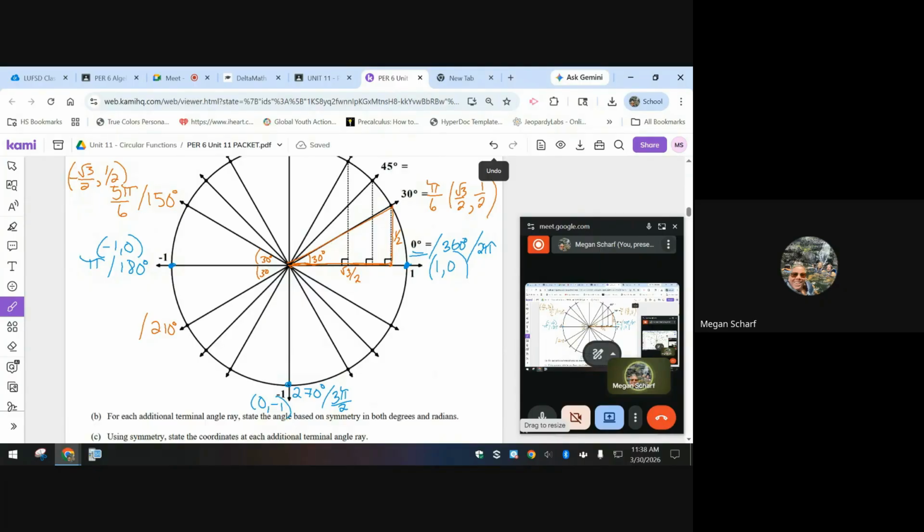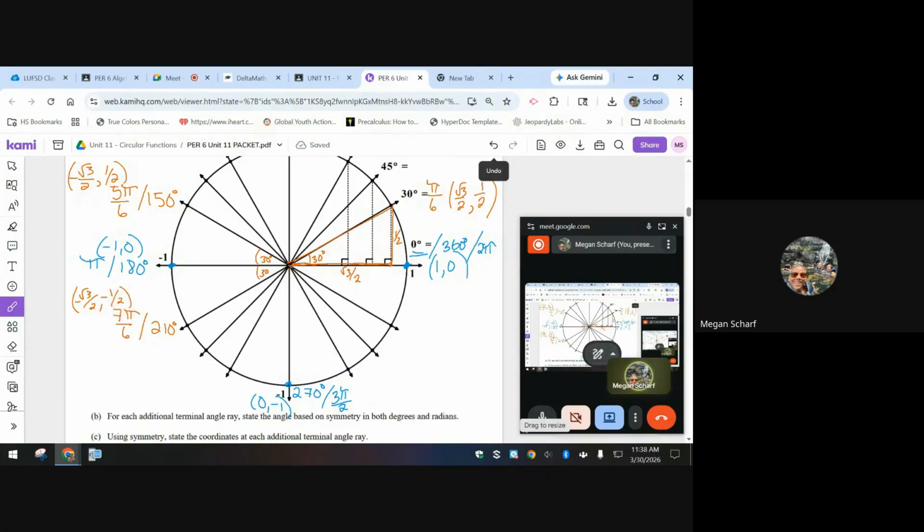Something pi over 6. Oh, 7 pi over 6. Now our coordinates are going to be the same coordinates, but what's going to happen to their signs? Yeah, both negative. Good job. X and y both will be negative in that third quadrant.